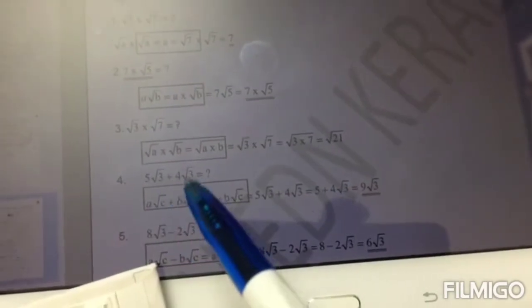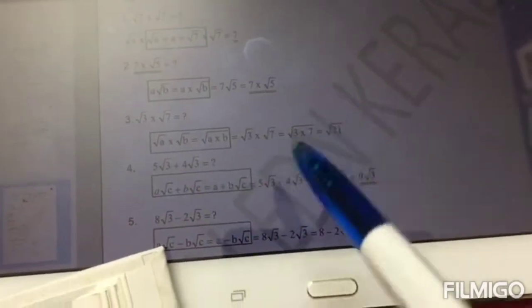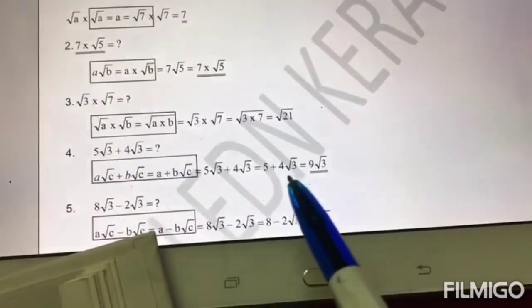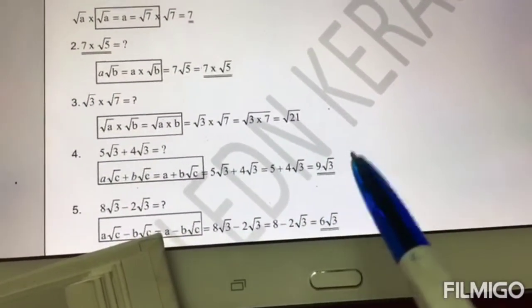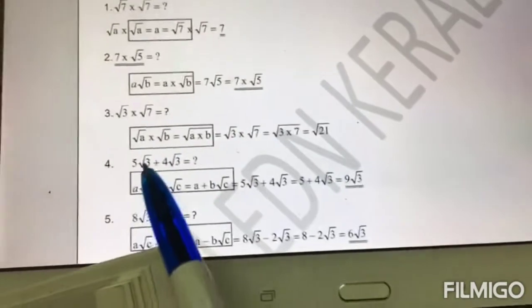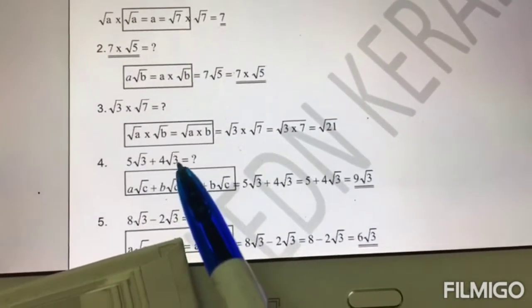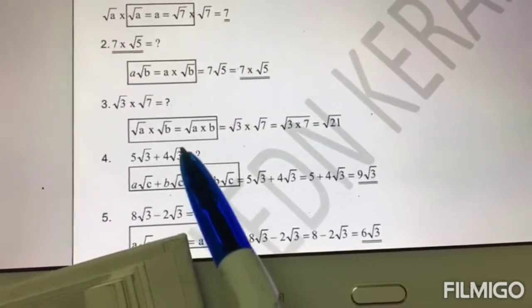Now, third rule. 5 root 3 plus 4 root 3 is equal to 9 root 3. I can add these terms because the number under the square root is the same.